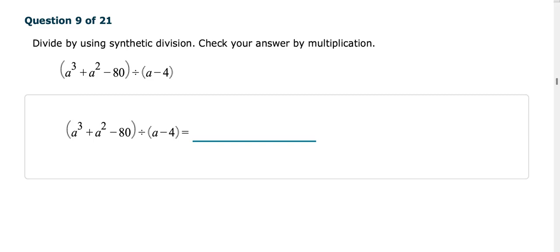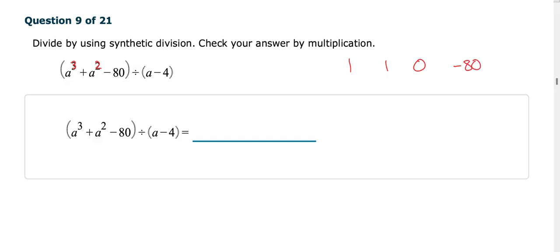For number 9, divide by using synthetic division. Check by multiplication. Okay, I'm noticing that I have an a cubed and an a squared, but I don't have an a. So when I go write my coefficients, I have 1a cubed plus 1a squared. I don't have an a, so I've got to have a 0 placeholder and then negative 80.